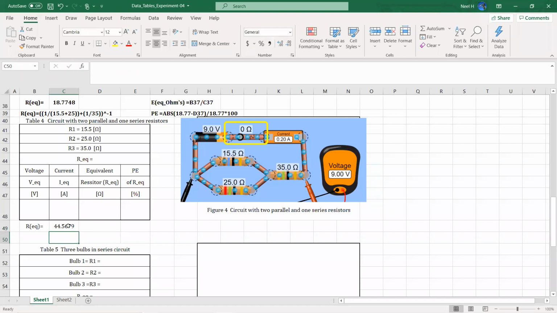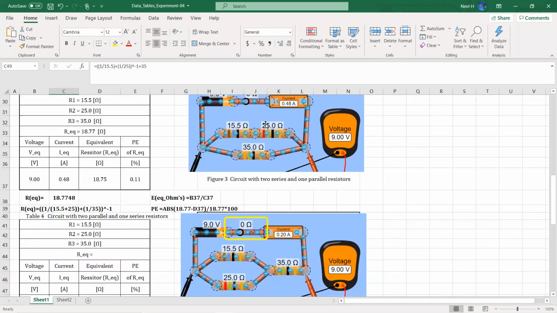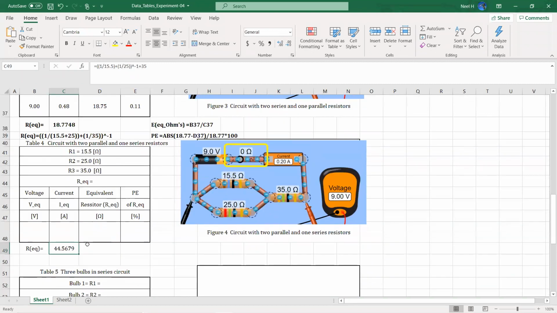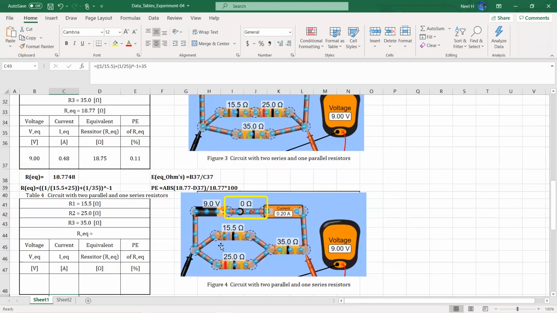Okay, so that's the number we are now expecting in this circuit. You can see it's the same three resistors, but previously it was 1877. Now it is 4456. So it's very different because the resistor connections are very different.